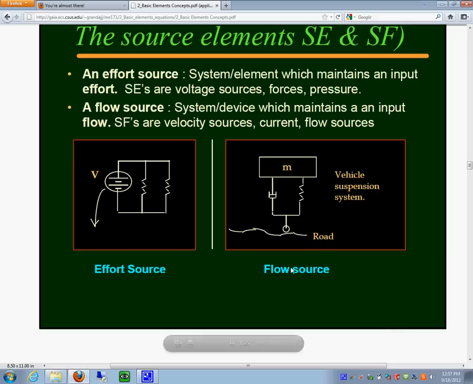The source elements, SE and SF as we call them, you can see clearly in the input voltage of this circuit.